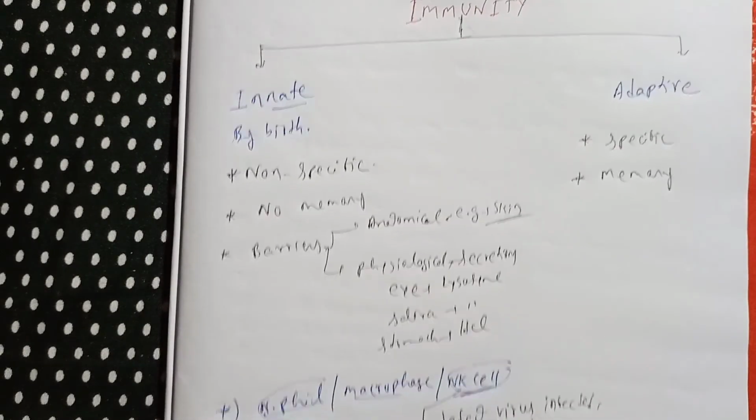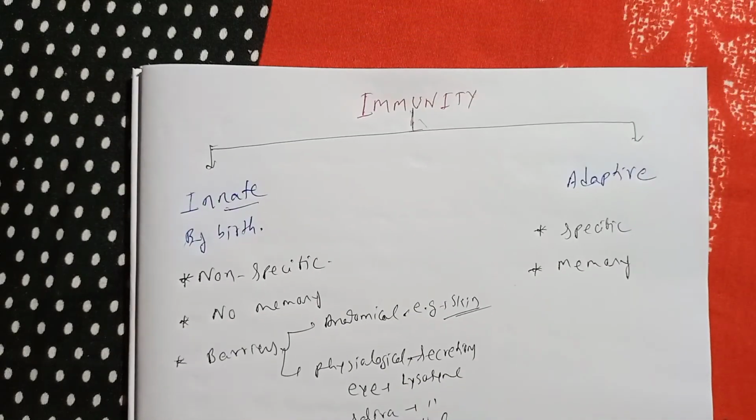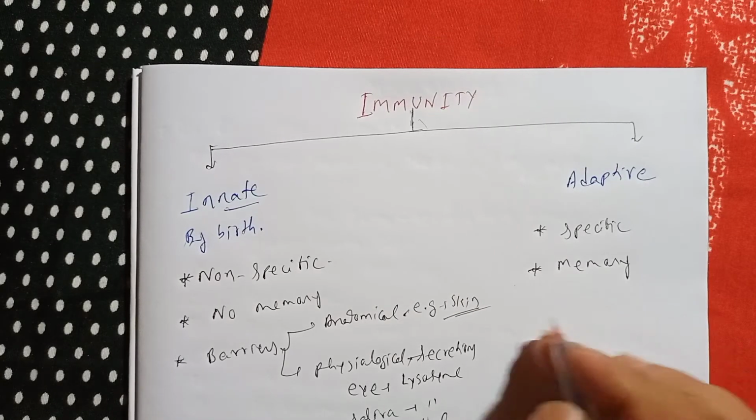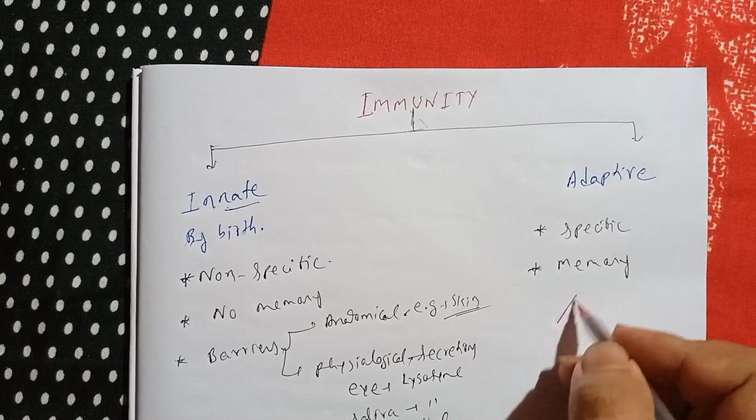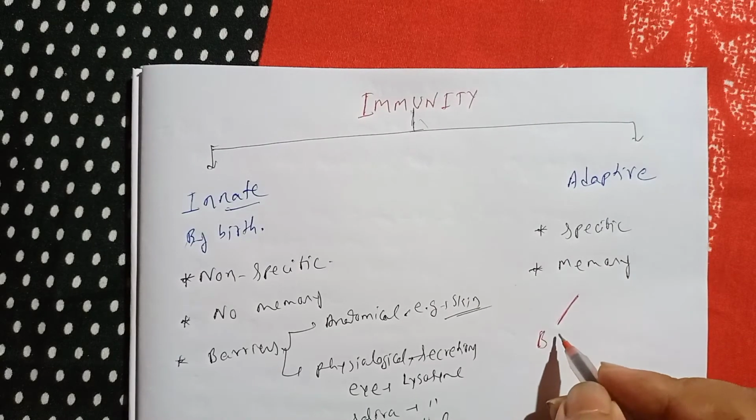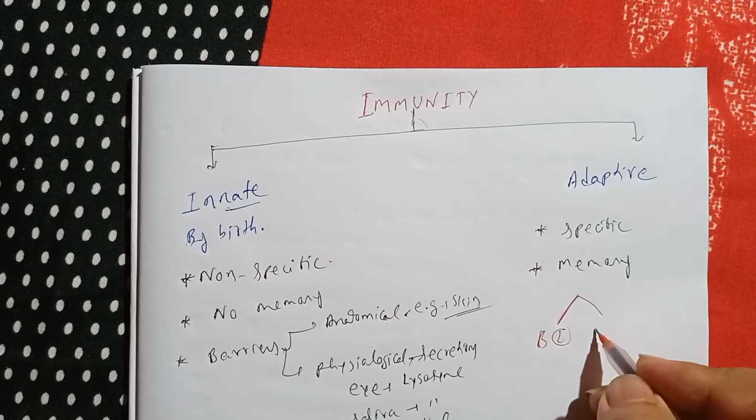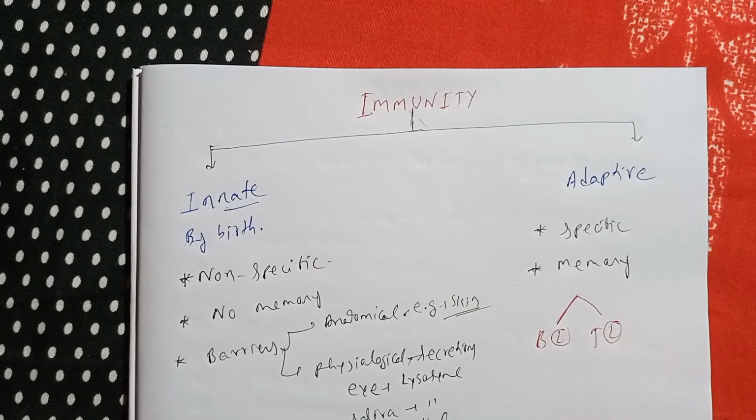Then we will see what types of cells are involved in adaptive immunity. Basically, there are two types of cells: the B lymphocyte and the T lymphocyte.